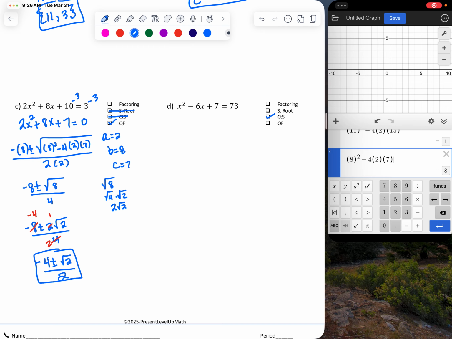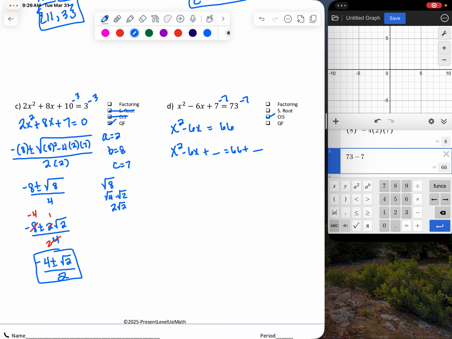So to complete the square, you want to rewrite this as x squared minus 6x equals, let's see, 73 minus 7, 66. Then you want to make a perfect square trinomial and add that number to both sides.